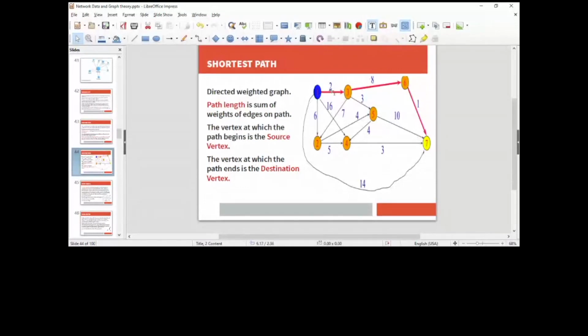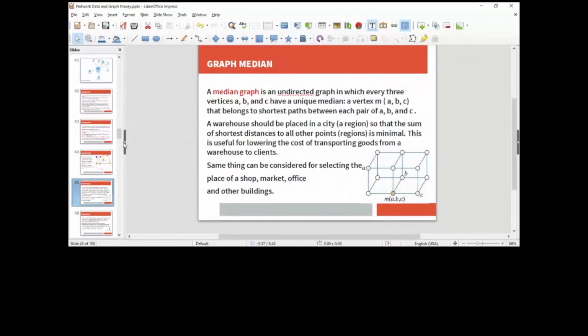If you take this route, it will be 2 plus 3 plus 10, that's 15. So that's not short. If you take this route, it will be 16 plus 3. That's not short. If you take this route, 6 plus 5 plus 3, that's 14. It's not that short. So you already know how that works.